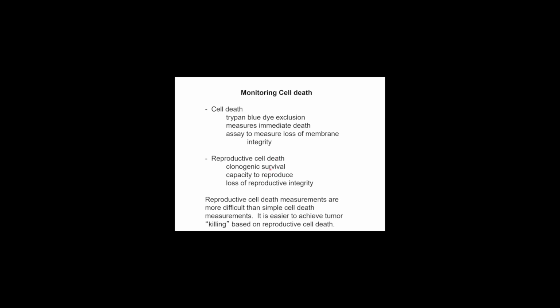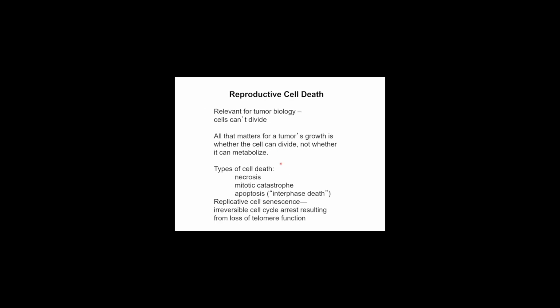It's a much trickier assay, but it is the one that is relevant for radiation oncology. I would argue it should be relevant for chemo too, and chemo people should be using this. Some have gotten the message, but some still don't. Okay, and this just says everything I just said. We will talk about the different kinds of cell death that would be important here, and that will become significant.